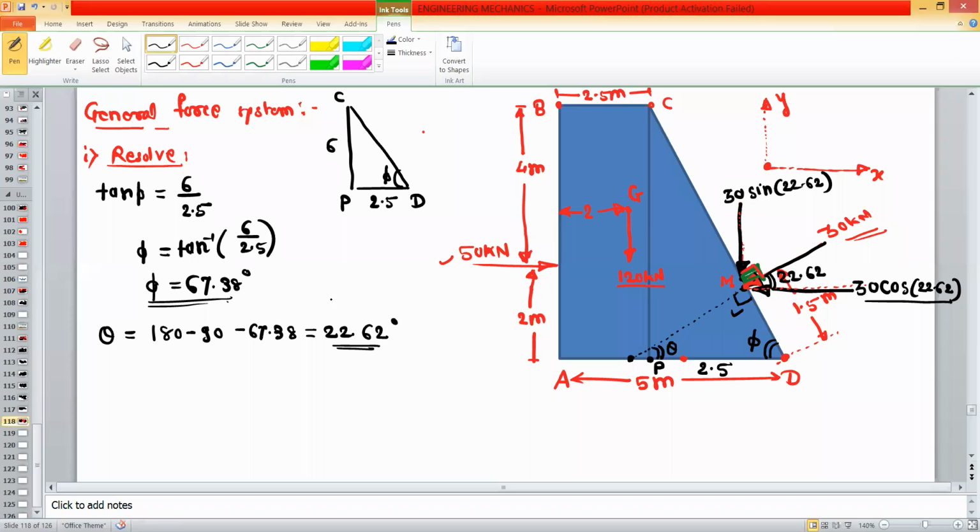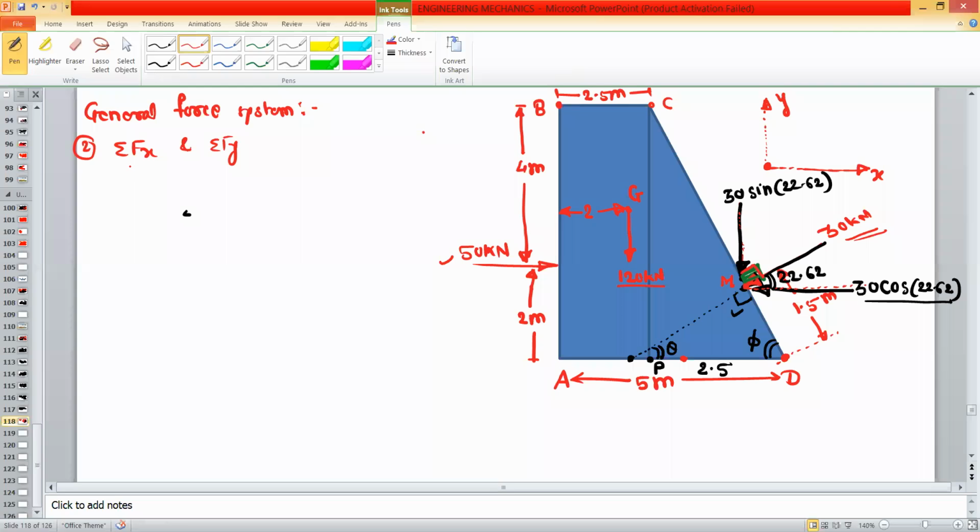Okay. So now next step is, first is the resolution. Second is we have to write summation Fx and summation Fy. So for the summation Fx, we have to just add all X components, and for summation Fy, we have to add all the Y components.